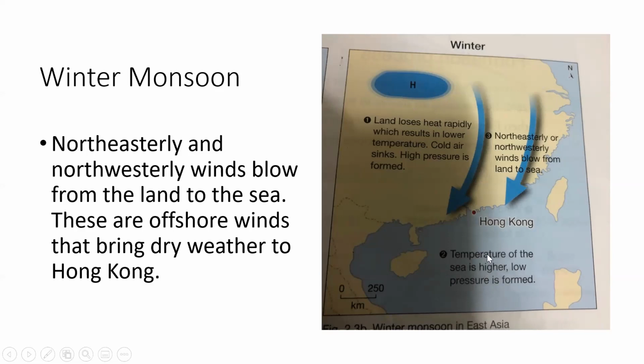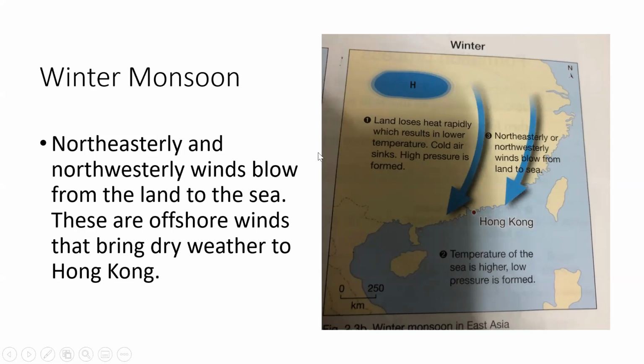I repeat, the sea loses heat more slowly, so the temperature is higher and low pressure is formed. And for the land, it loses heat more quickly, results in low temperature, so high pressure is formed, and the air flows from high pressure to low pressure.